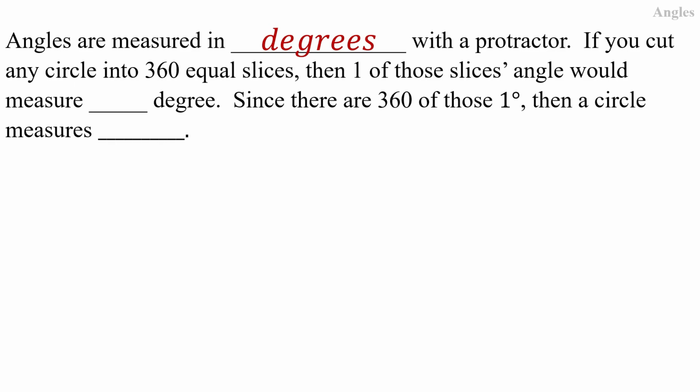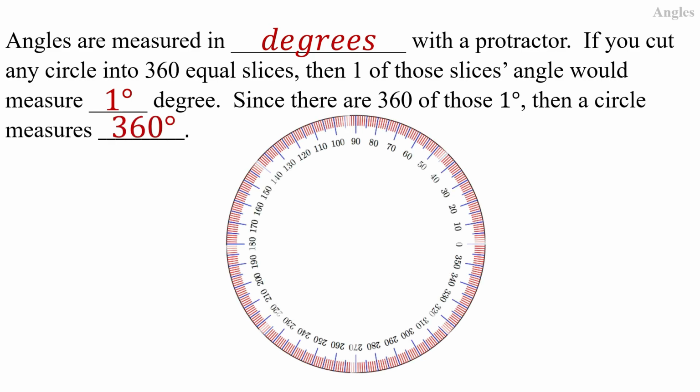Basically, if you cut any circle into 360 equal slices, then one of those slices' angle would measure 1 degree. Since there are 360 of those 1 degrees, a circle always measures 360 degrees. Pretend I have a circle, and I split it up into 360 equal pieces, like these pieces here.